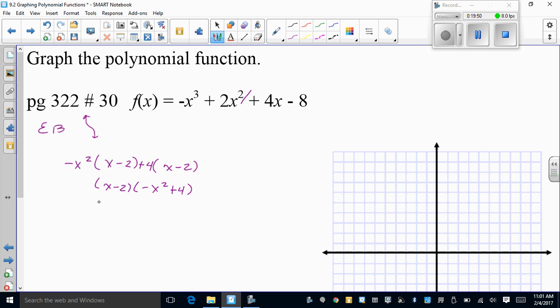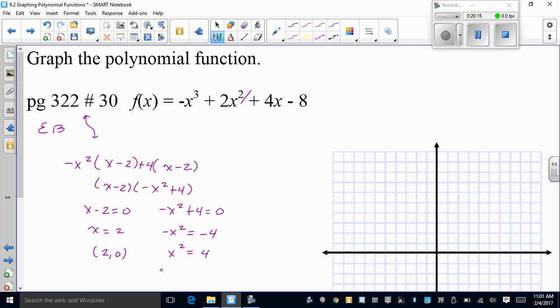So x minus 2 equals 0, x equals 2. So I get a point of (2, 0). This one, negative x squared plus 4 equals 0. Negative x squared equals negative 4. Divide by negative 1, x squared equals 4.